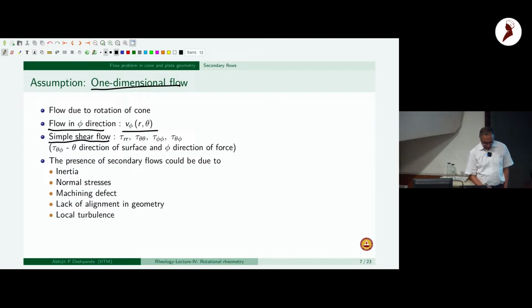And given the material symmetry argument that we discussed earlier, we will have only these components which are of interest: tau rr, tau theta theta, tau phi phi, which could arise in the material even though we are imposing only simple shear flow, and then tau theta phi, because del v phi by del theta is the shear that is being imposed on the material.